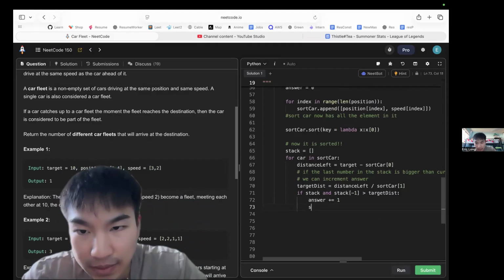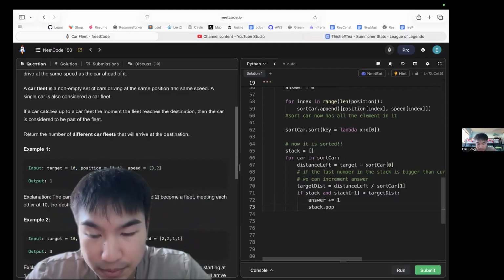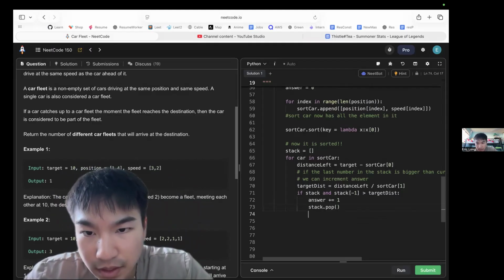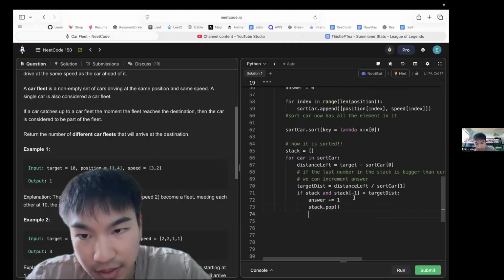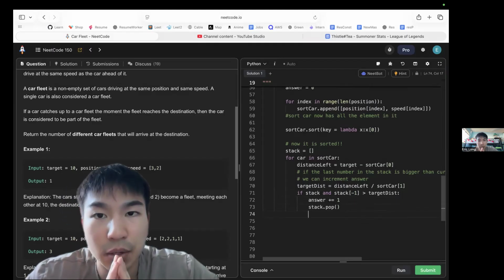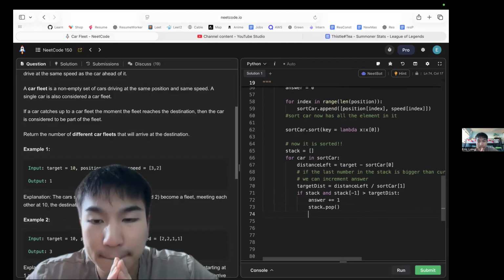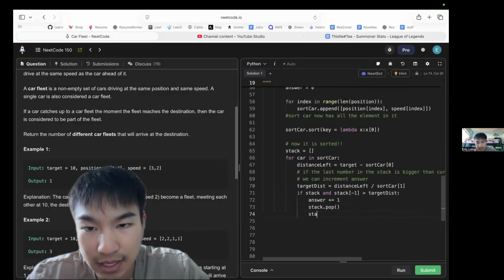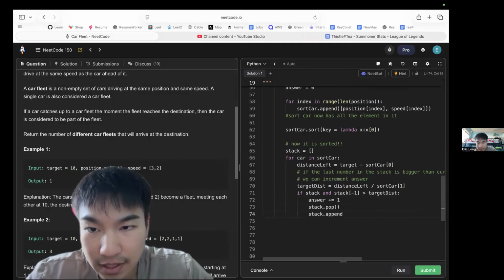We could go ahead and pop, stack dot pop, because that will get rid of this right here. And we just append our new one.